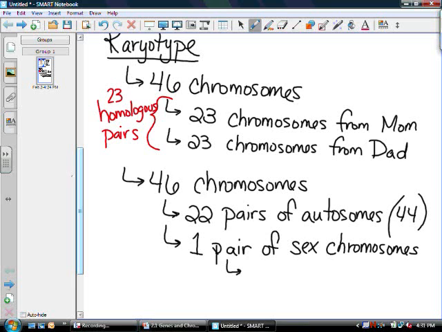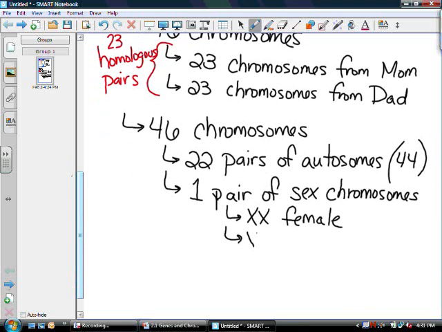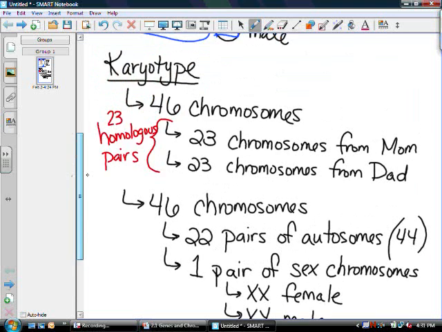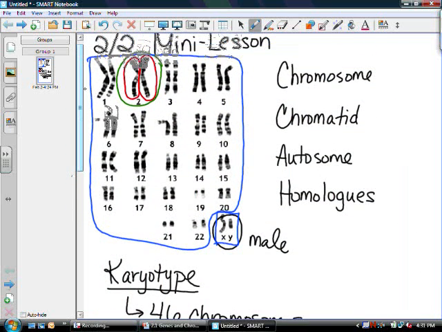And by one pair, I mean it can be either XX, signifying a female, or it can be XY, signifying a male. So now we've talked about the difference between autosomes and homologs.